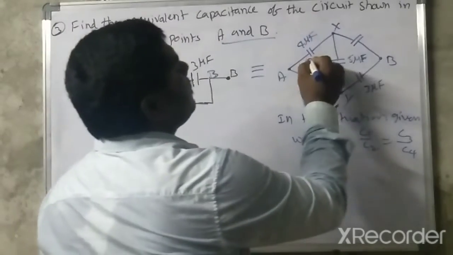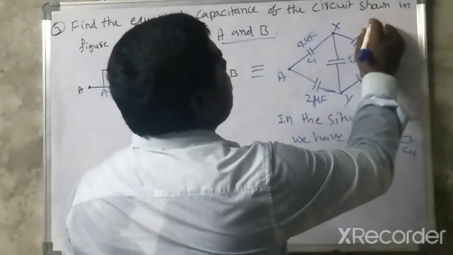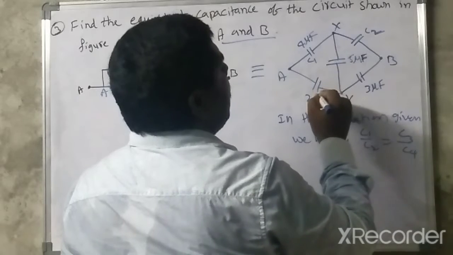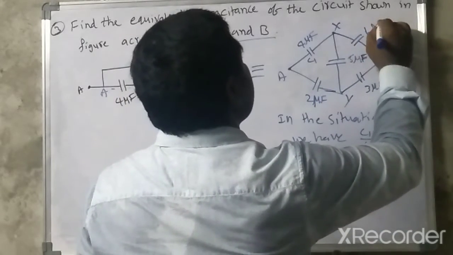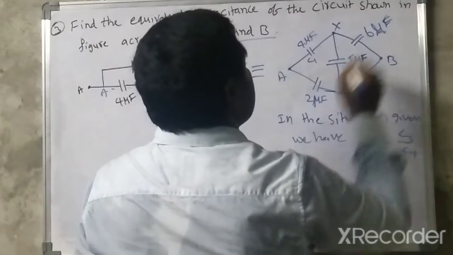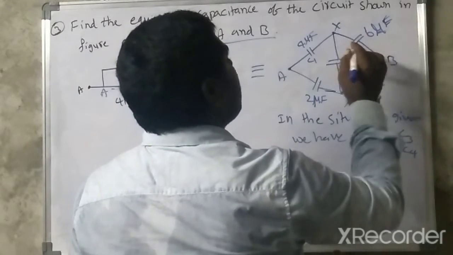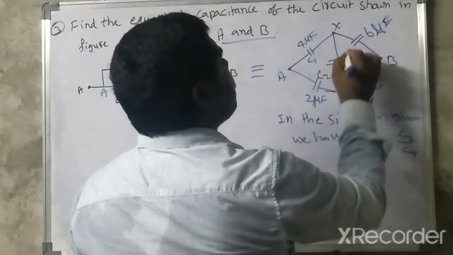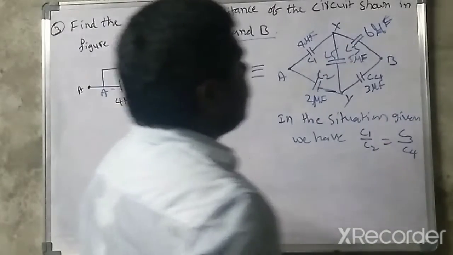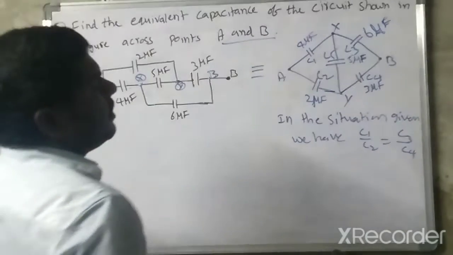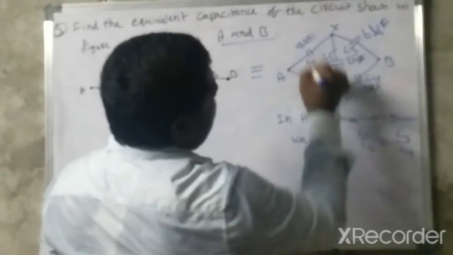So let us consider this as C1, C2, and this value is 6 microfarad. Or else you may write this is C1, this is C2, C3, C4, this is C5. So substitute here: C1 by C2, C1 by C2.